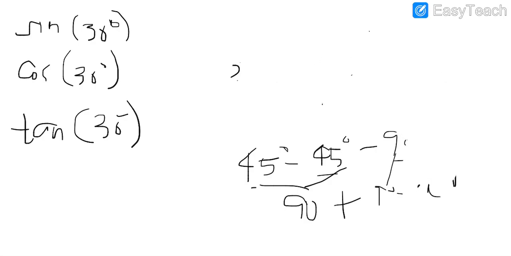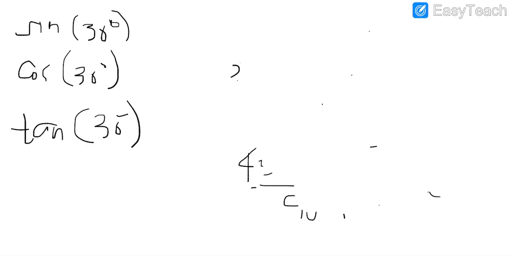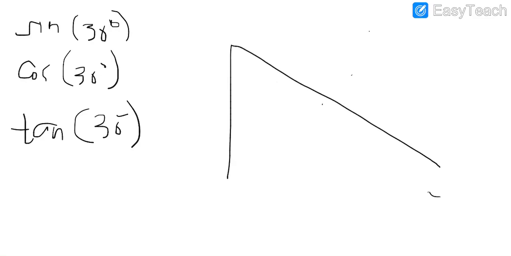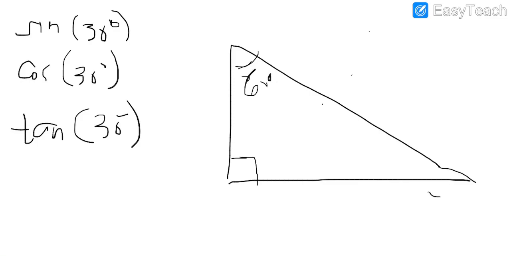Now I want you to be familiar with the special right triangles. Now this is a 30-60-90 triangle. We have here the right angle. This is 60 degrees, and this is 30 degrees.